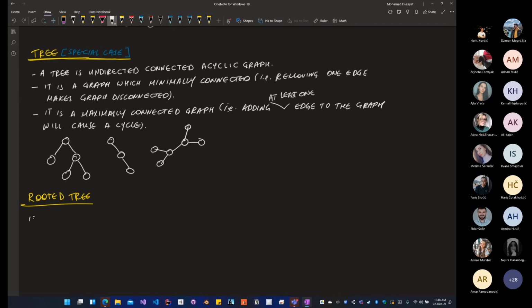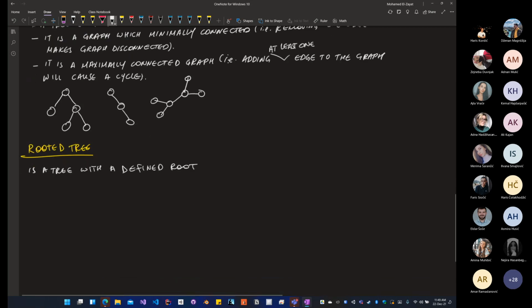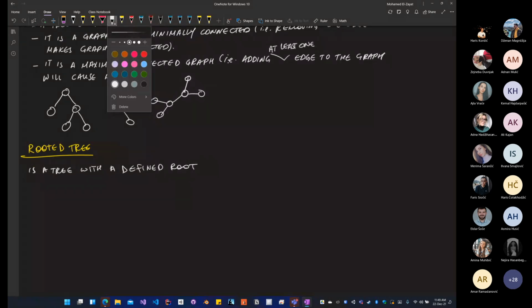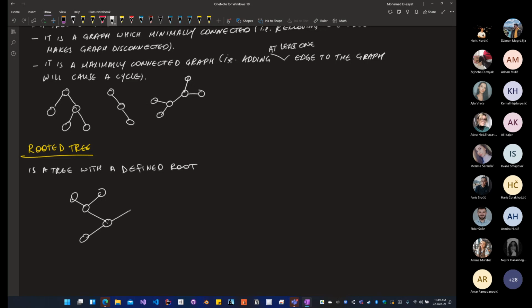is a tree with a designated or defined root. Okay, so for example, if you have a tree that looks something like, let's say, this, for instance.